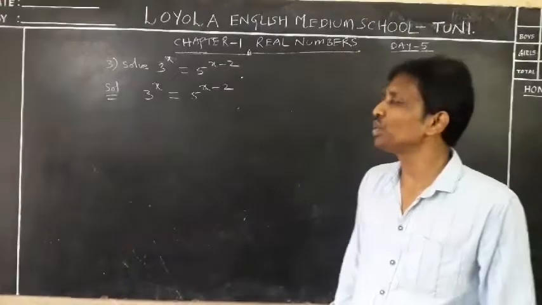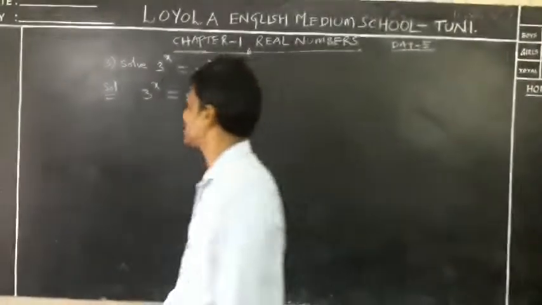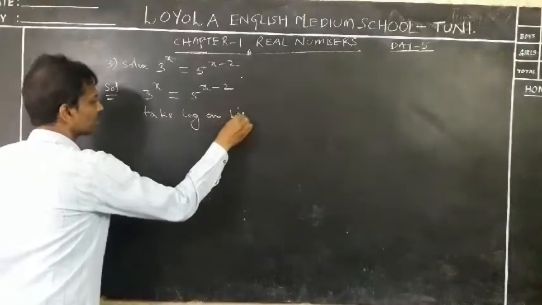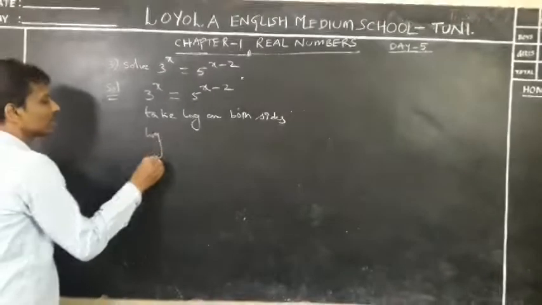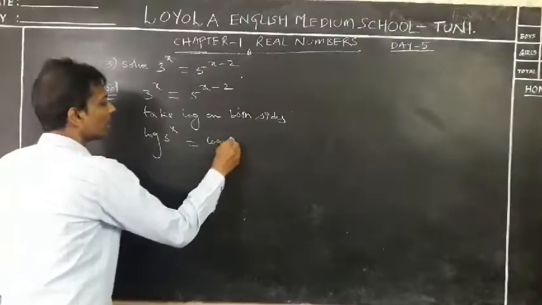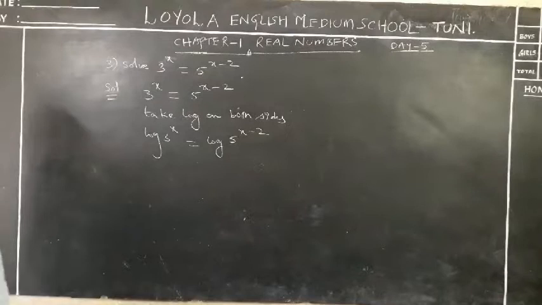So what I am going to do is take log on both sides. What will happen, you see? Log 3 power x is equal to log 5 power x minus 2.